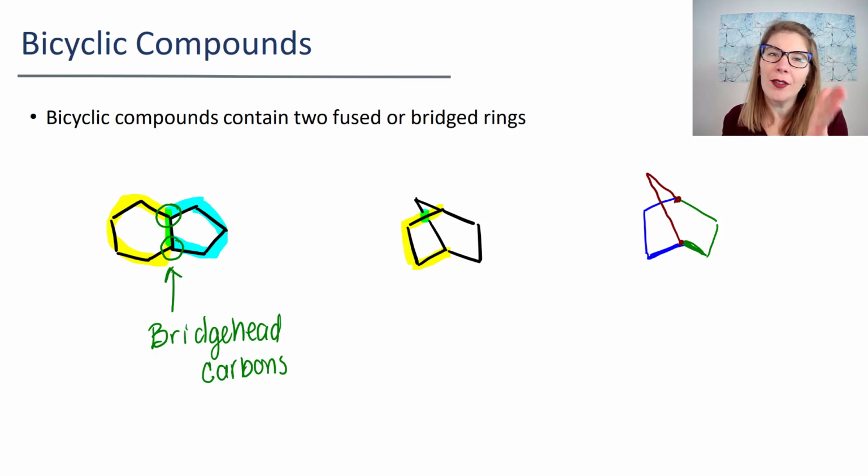Because whenever any lines cross, you're actually saying that there's a carbon there, and there's not a carbon there, right? It's just really hard to draw this on a two-dimensional sheet of paper because it is very much a 3D structure. So what you're imagining is a cyclohexane ring where there is a one carbon bridge coming up and down, connecting, say, carbons 1 and 4 on our cyclohexane ring.